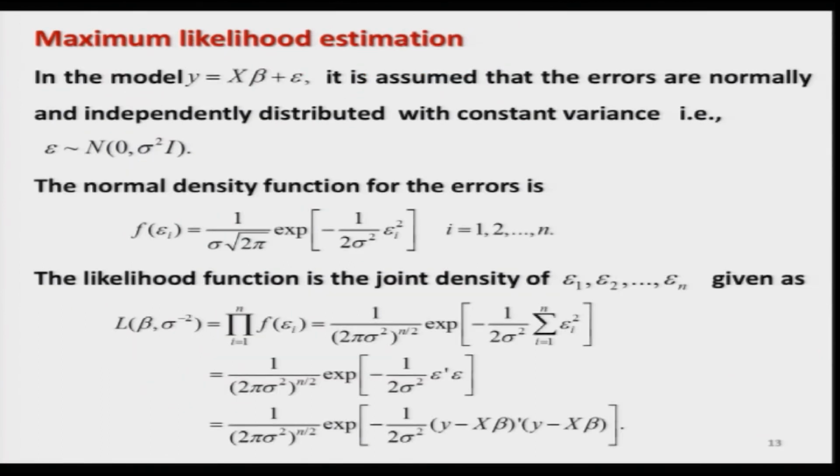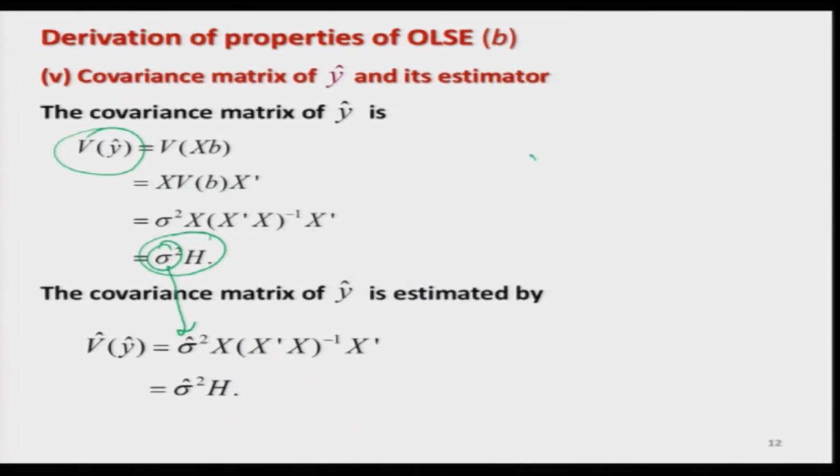Similarly, the covariance matrix of b is obtained as sigma square times x transpose x whole inverse. So, I can replace sigma square by sigma square hat, and I can obtain the estimate of the covariance matrix of b. Right. So, I am just taking this example to show you what the use is.